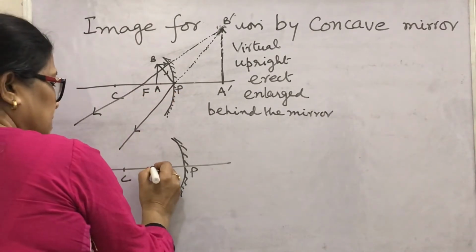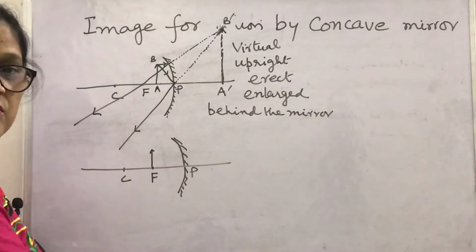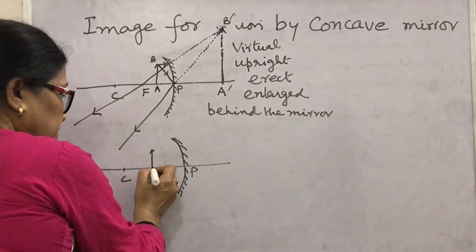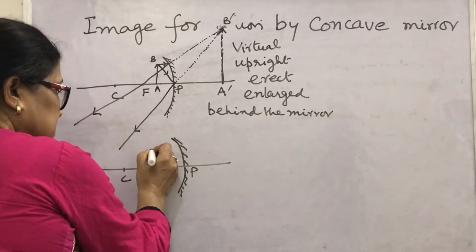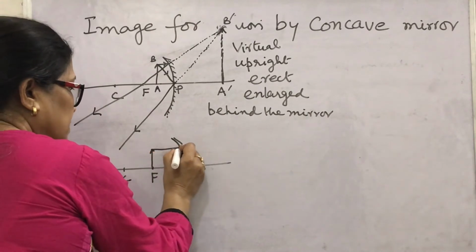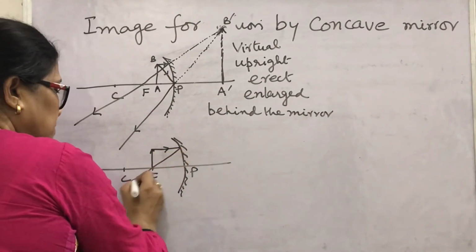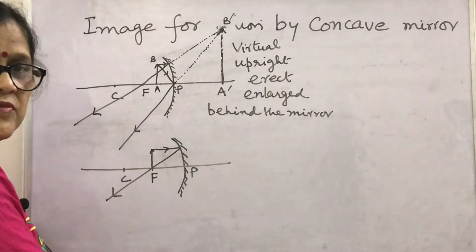Now if you place the object at the focus, what will happen? A ray parallel to the principal axis will pass through focus as per its rule.